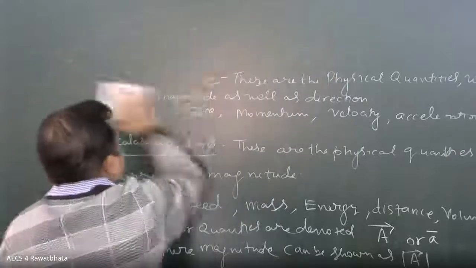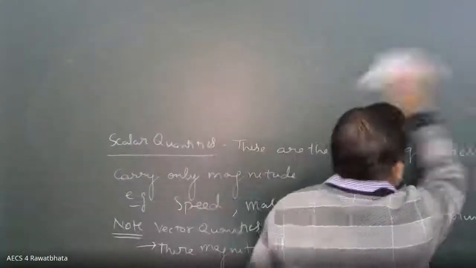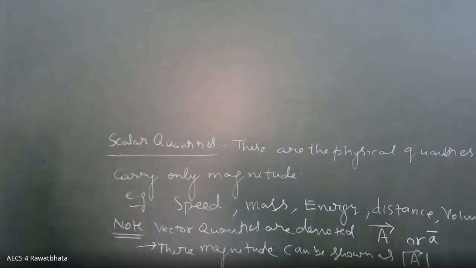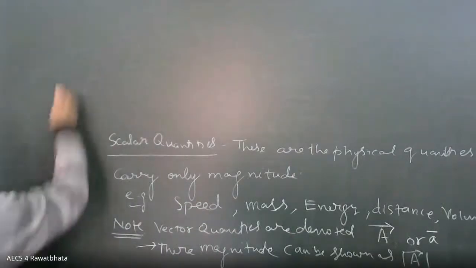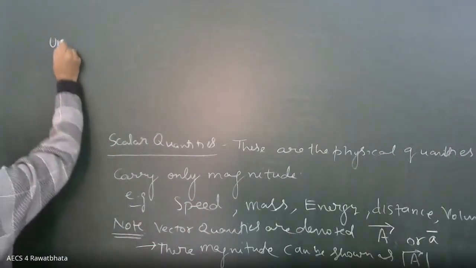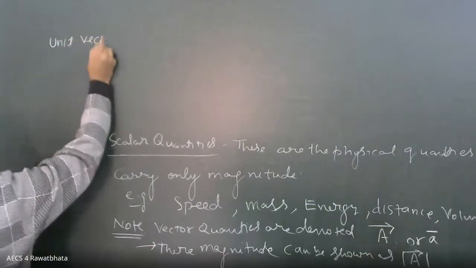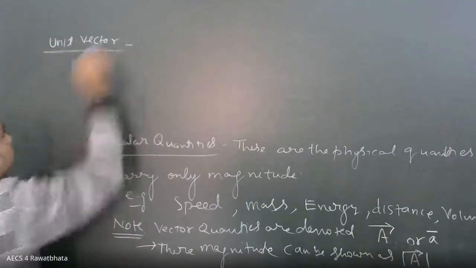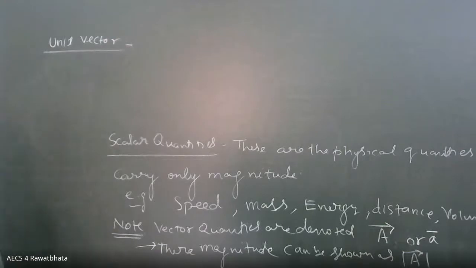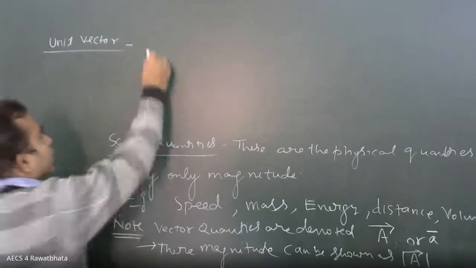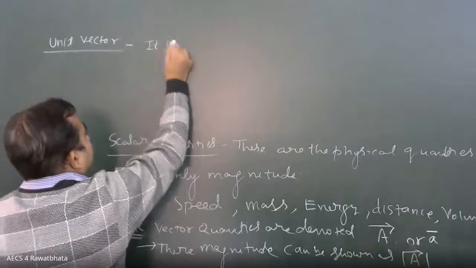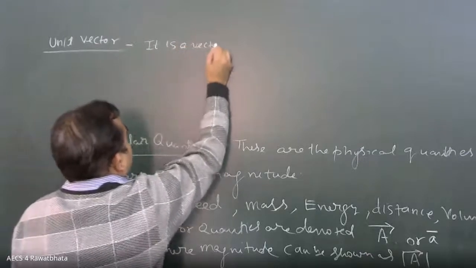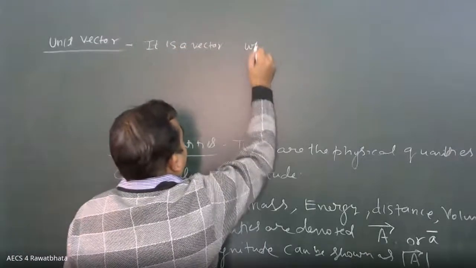So there are some particular vectors which we use again and again, like the unit vector. Right. So you can make a guess what a unit vector should be. It is a vector whose magnitude is 1.